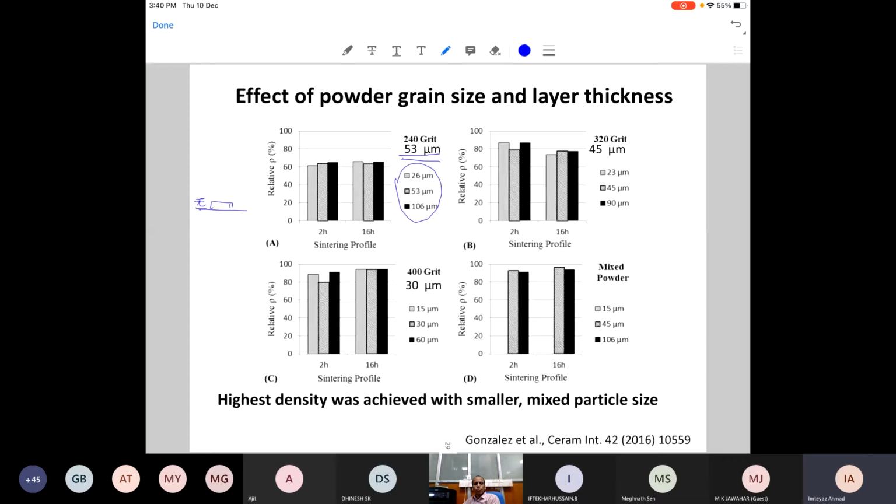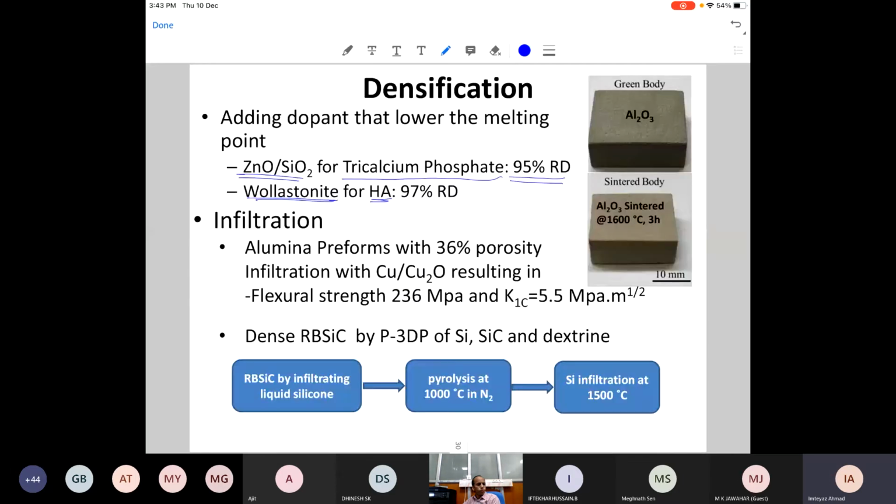That's how people talk about relative density. And then calcium silicate compounds, also known as wollastonite, are added for hydroxyapatite. And people have achieved about 97% relative density in hydroxyapatite using that sintering aid.